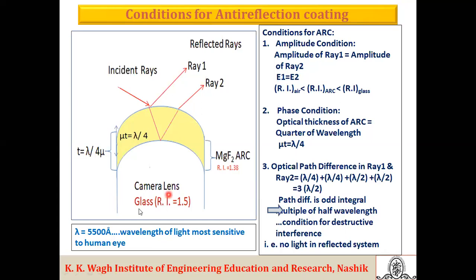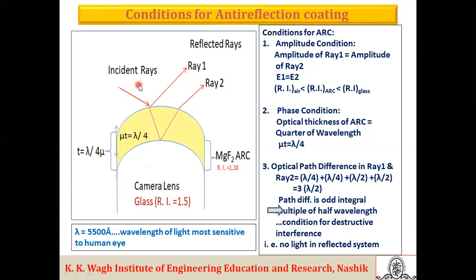Now the camera lens is generally made up from glass with refractive index 1.5. Now, why is magnesium fluoride selected? Because it is having refractive index 1.38. Here, the light initially travels from air with refractive index 1, then magnesium fluoride with refractive index 1.38, and then glass with refractive index 1.5.